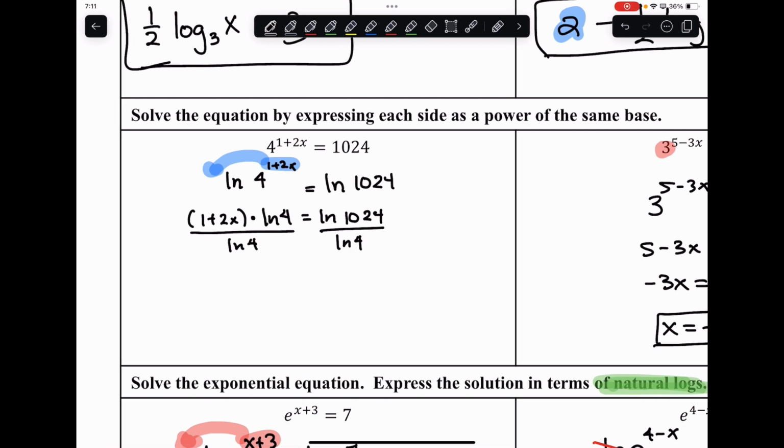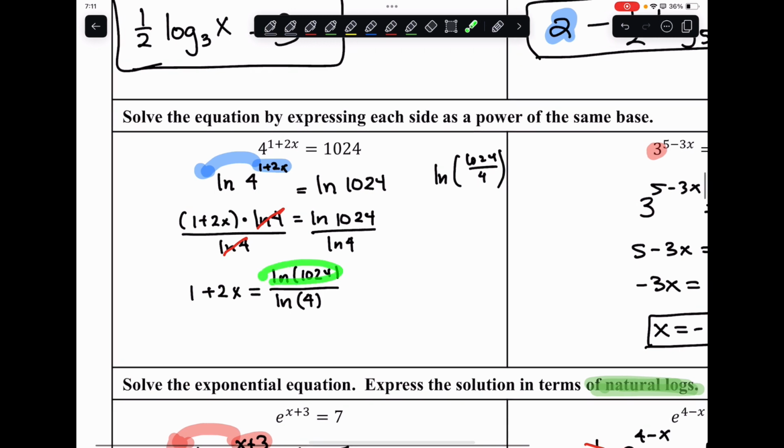So we'll have to divide by the ln of 4. And we end up with 1 plus 2x equals the natural log of 1024 divided by the natural log of 4. Now this is different than trying to take the natural log of 1024 over 4. That's not the same thing, okay? Here we're going to divide by the natural log of this value and by the natural log of 4.